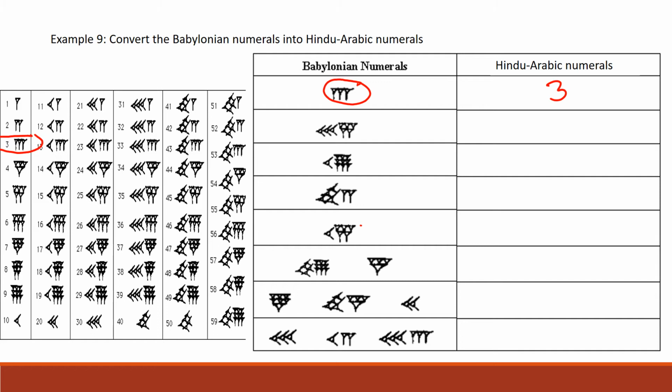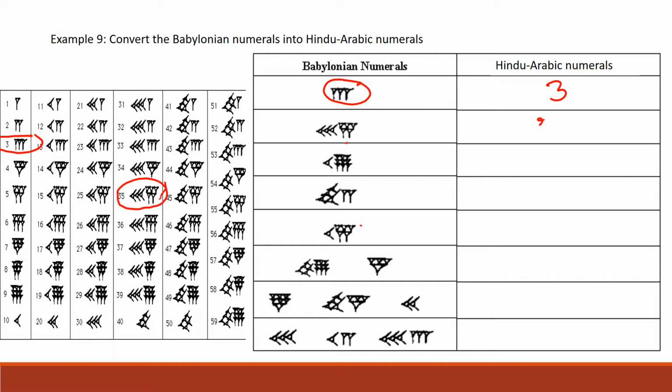The next one, look for 3 of these sideways. They kind of look like arrowheads or spears. You have 3 of those, followed by a tower of 1, 2, 3, 4, 5. So there it is.